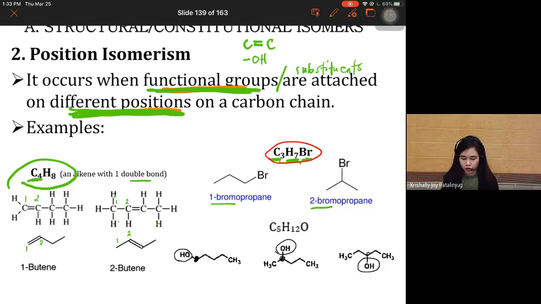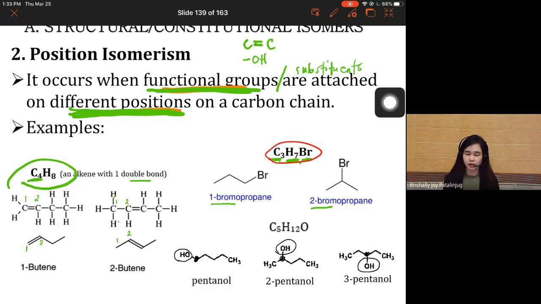Sa third structure, nasa carbon 3 ang alcohol. So, nasa different position, okay, ang functional group ng alcohol. So, that is position isomerism. Okay, never mind first the names ng alcohol, we have a separate segment in naming for the nomenclature ng alcohol. Okay, and the rest of the remaining functional groups.